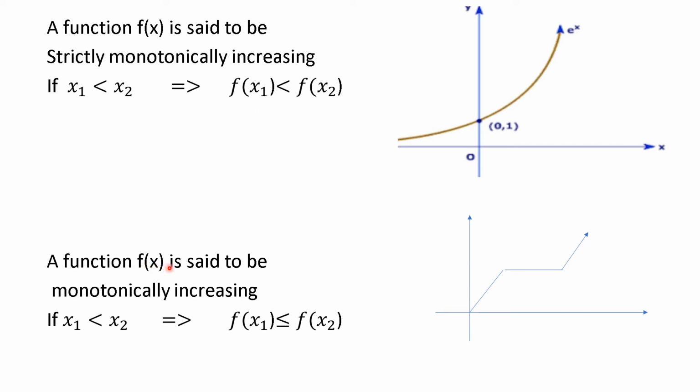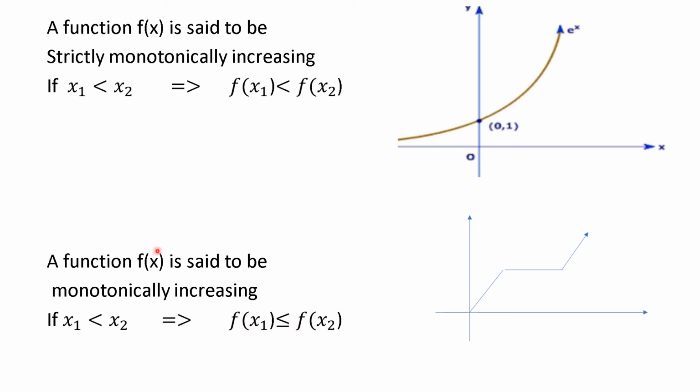A function f of x is said to be just monotonically increasing if x2 is bigger than x1, where x1 and x2 belong to the interval, it implies f of x1 is less than or equal to f of x2.